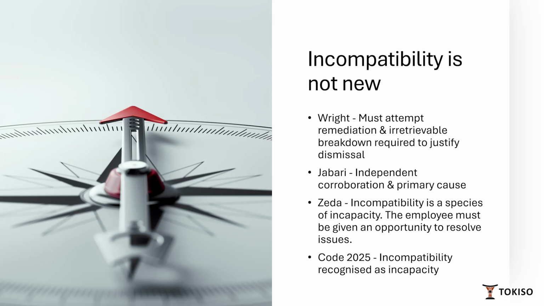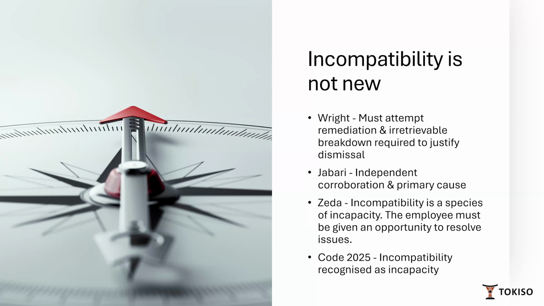You must identify if the relationship has broken down irretrievably. There must be independent corroboration in terms of the evidence to support that breakdown. And the primary cause needs to be that employee's behavior causing that disharmony.